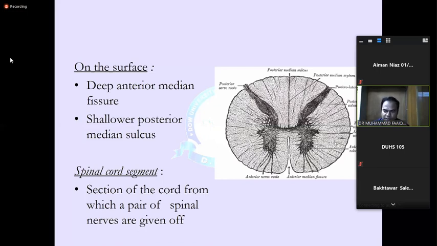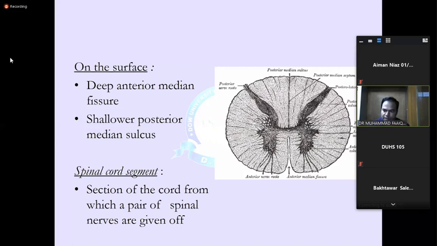Some are ascending, some are descending, but the most important descending tract is the corticospinal tract, which is a motor tract, and the most important ascending tract is the anterior or lateral spinothalamic tract. Again, we will see the function of this tract later on.